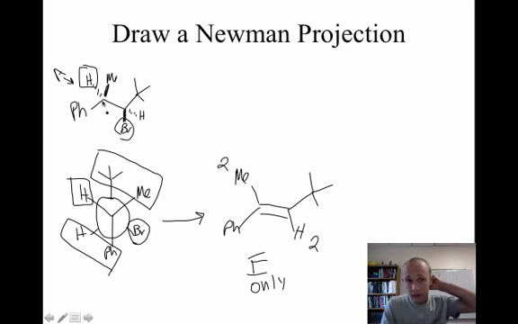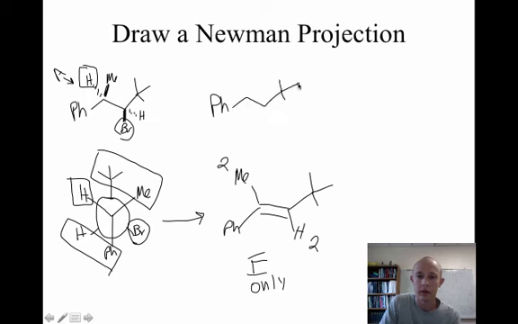Okay. So what if we started with the other diastereomer? So let's imagine if this compound, so phenyl, tert-butyl, bromine is up, but methyl is back, and hydrogen is up. Remember, these are diastereomers.